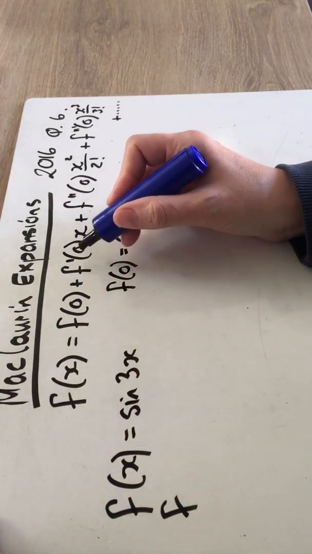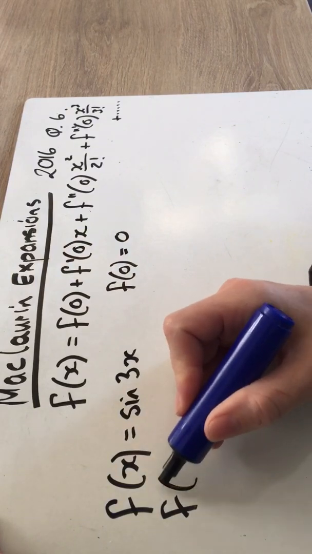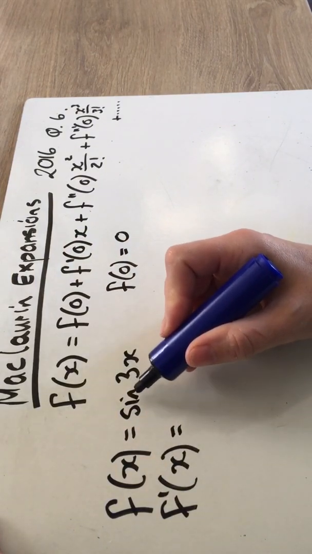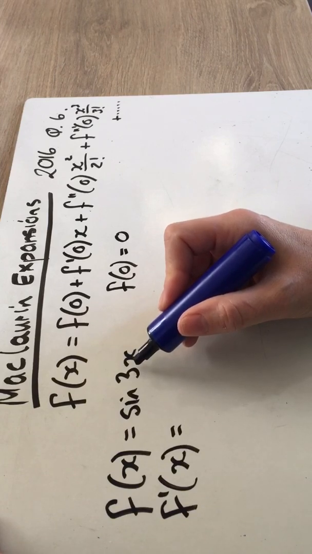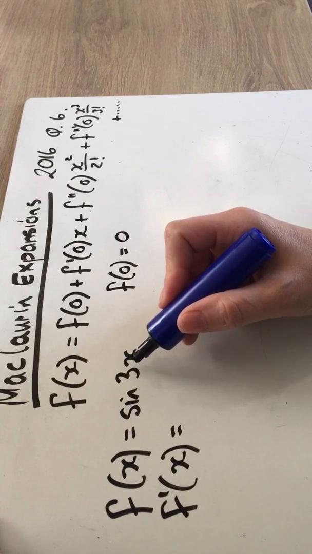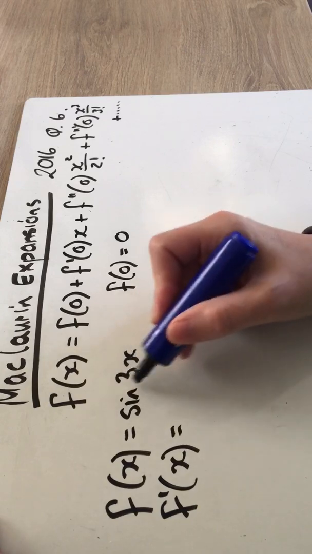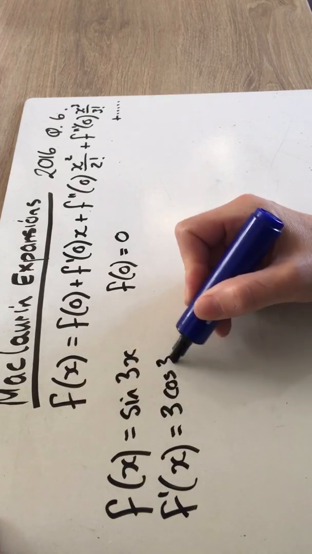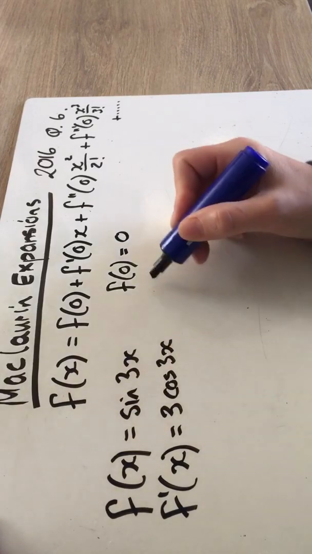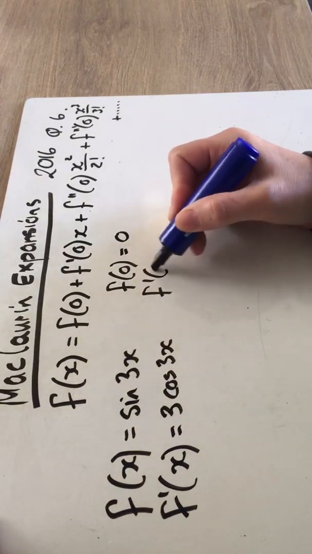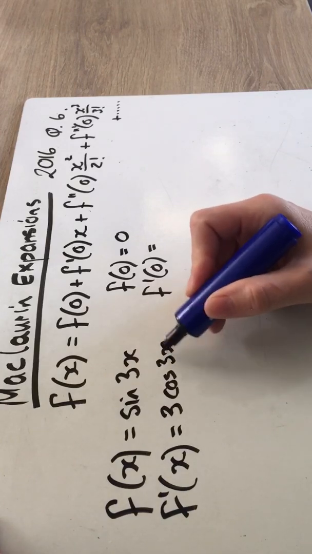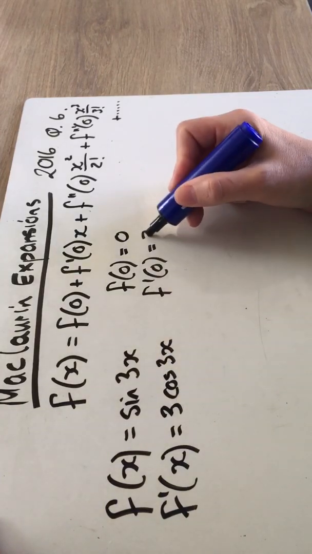We also need f dash 0, so if we find f dash x first of all, now this is a chain rule, sine something differentiates to cos something times the differential of the something, which would be 3, so 3 cos 3x. Then you can find f dash of 0, so cos of 0 is 1 times 3 is 3.